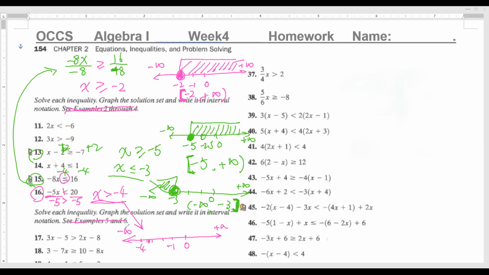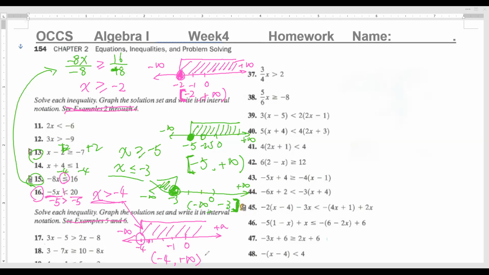You can mark every unit as well here. So x greater than -4, it means this part. Here I didn't say greater or equal, so we only use the left parenthesis, and then positive infinity. All right, so this is the first part.